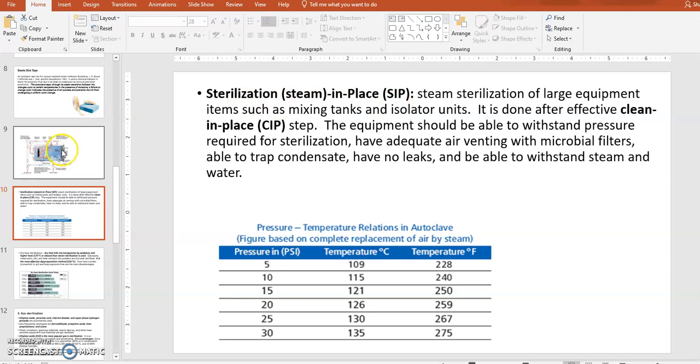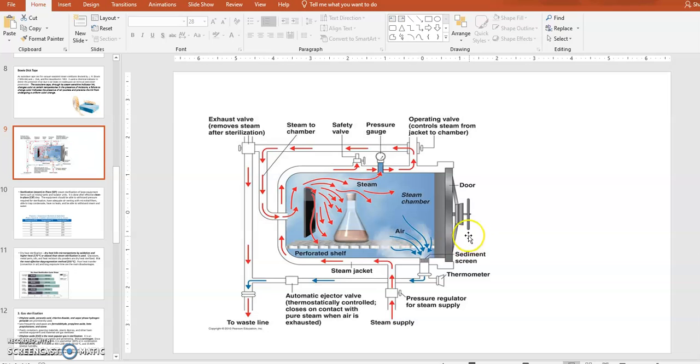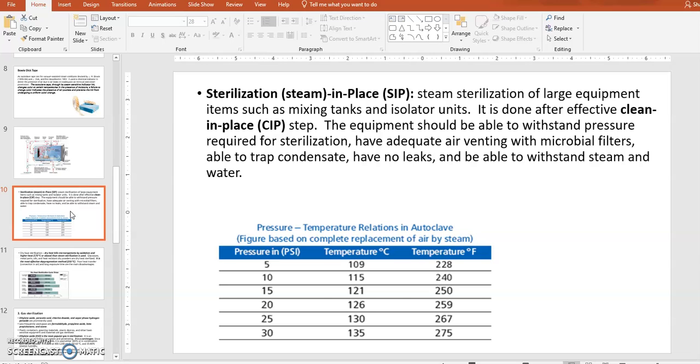If your instrument is too large and you cannot place it inside of the autoclave, how do you sterilize it? Then you place a steam generator inside of the instrument and sterilize it that way, right? This follows CIP, clean in place. Think about a huge bioreactor, like a 2,500 liter bioreactor, two stories tall. How do you sterilize it? You do CIP and SIP.